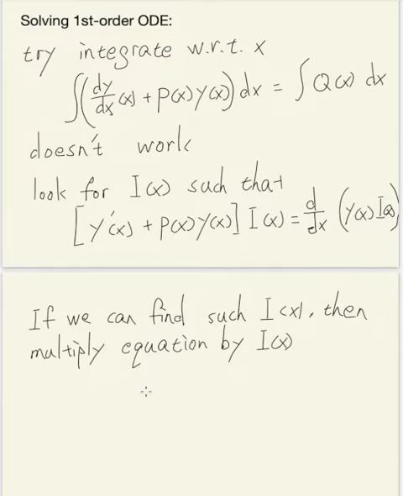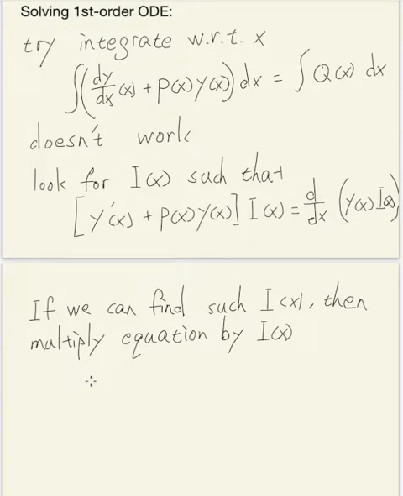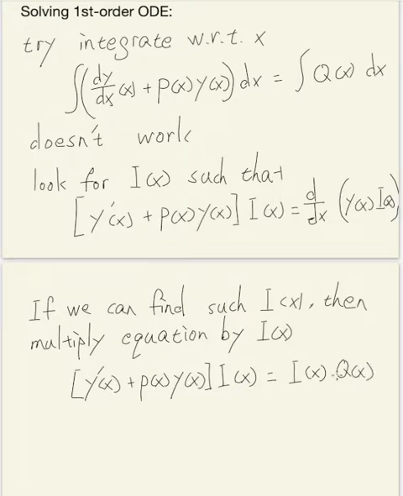You get y prime of x plus p of x y of x, times I of x, equals I of x q of x. Right?